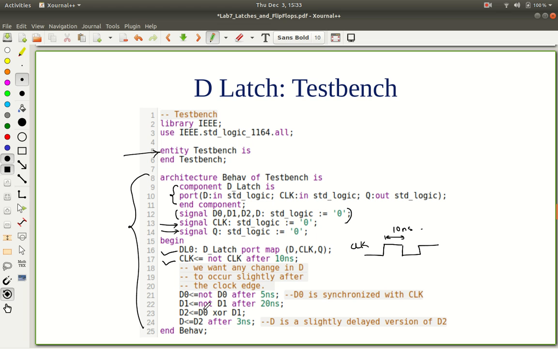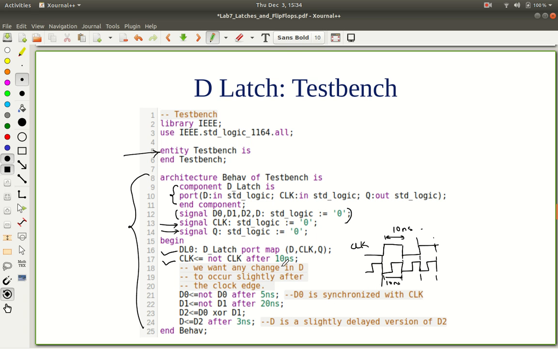Now we create another waveform on D0 with the time period 10 nanoseconds. So D0 looks like this. This is also 10 nanoseconds, and the on or off period is 5 nanoseconds. And now we don't want D and clock to change at the same time. Well, it should be okay, but ideally we don't want this to be a regular waveform like this.